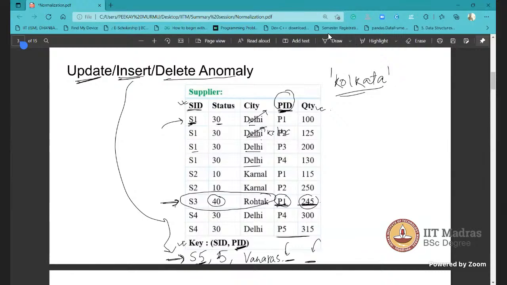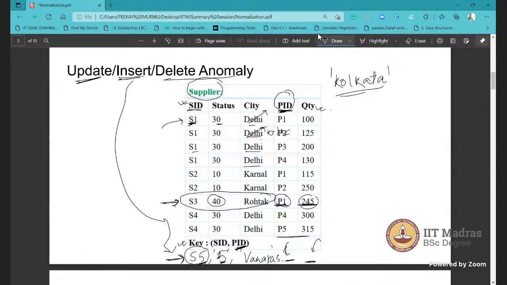So I haven't understood insert anomaly. Here you can see, suppose you have to insert this particular supplier value, supplier ID S5 who lived in Banaras, and this is the status of Banaras city, right? So you have to insert this value in the supplier relation. For that, at least one product should be supplied.